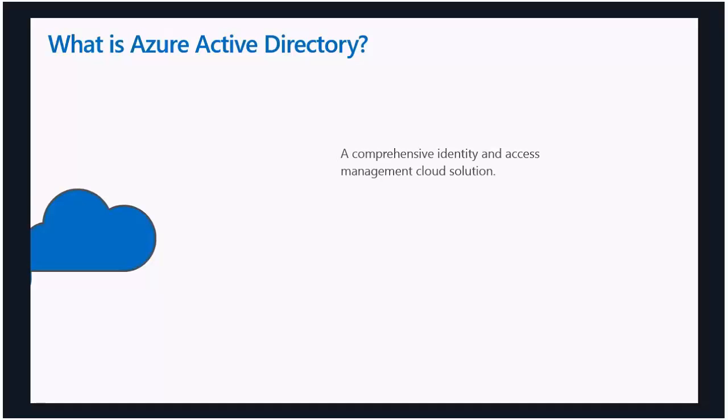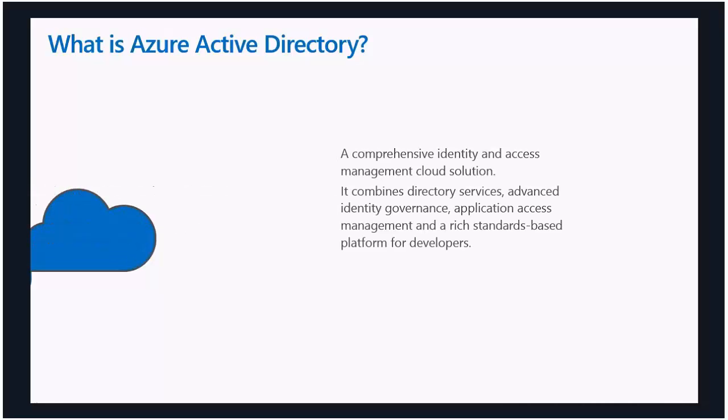So again, it includes things like your directory services, you can do your governance, you can do your management, and developers can also use that to build on. So rather than a developer having to write their own identity management, their own login and password management and maintaining that, they can then use the APIs via Azure AD to access that and control identity.